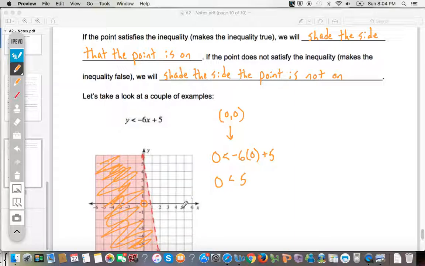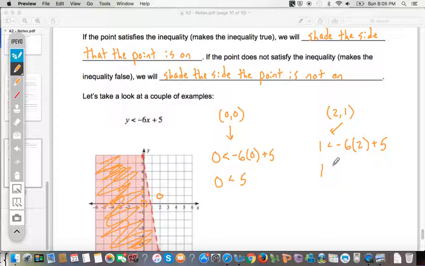Let's say I were to pick a point, I don't know, 2, 1 right here. So x is 2 and y is 1. So I plug those in. So my y comes down here. Y is less than negative 6 times 2 plus 5.